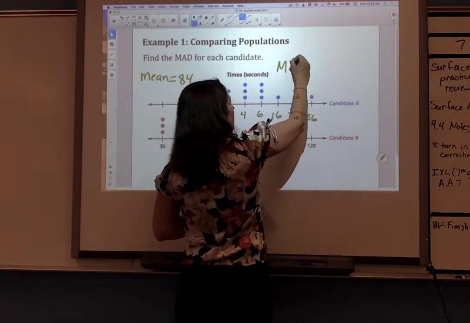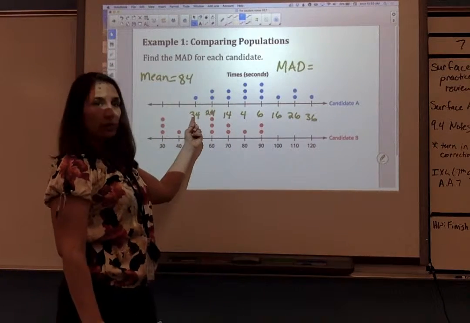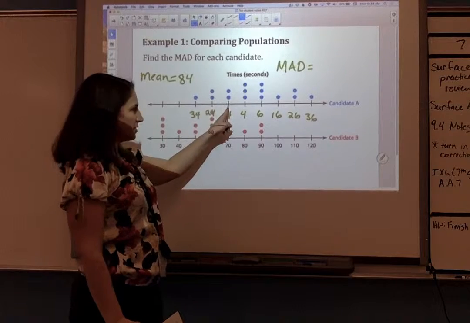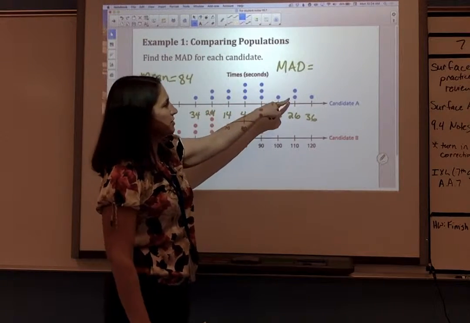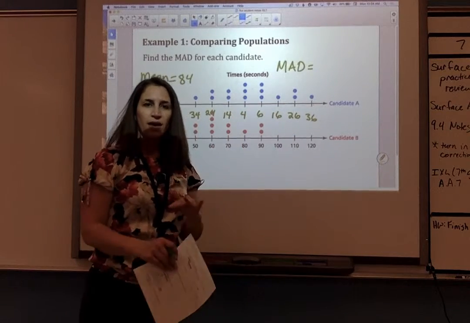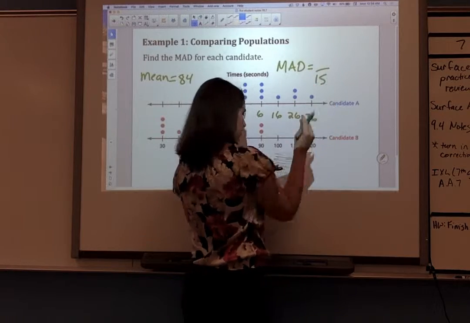So our MAD, our mean absolute deviation, will be 34 plus 24 plus 24 plus 14 plus 14 plus 4, 4, 4, 6, 6, 6, 16, 26, 26, 36. Add up all of those data points and divide by the 15.